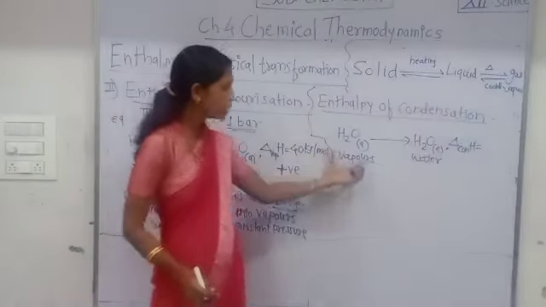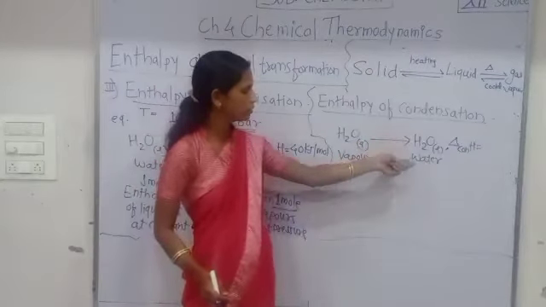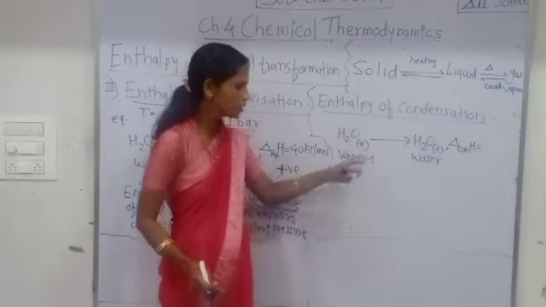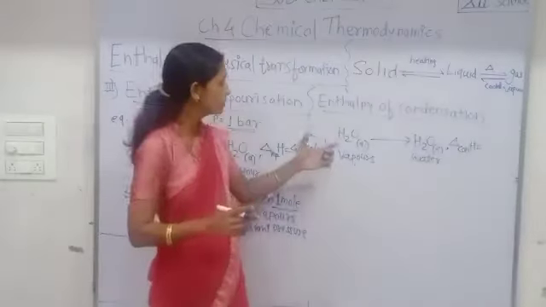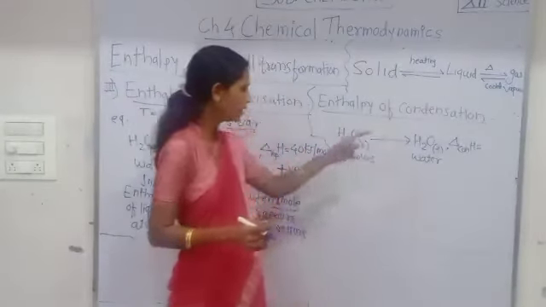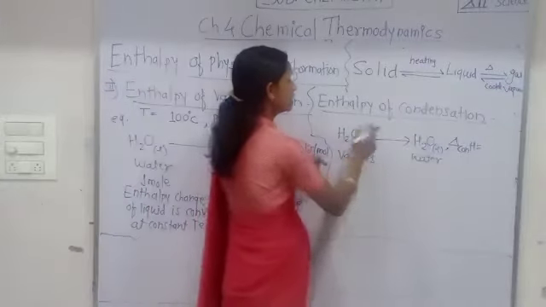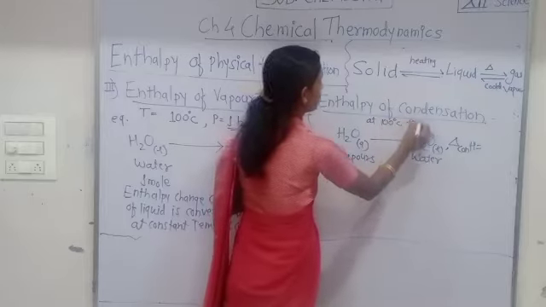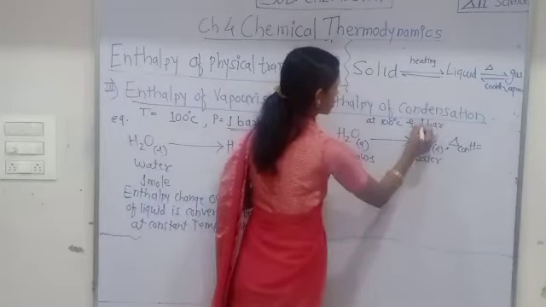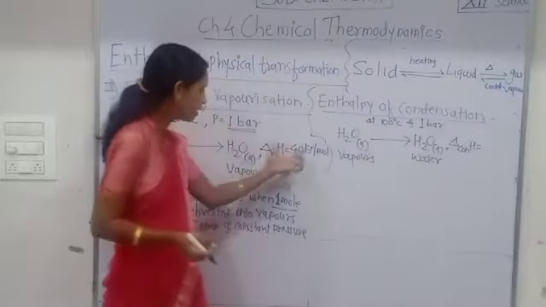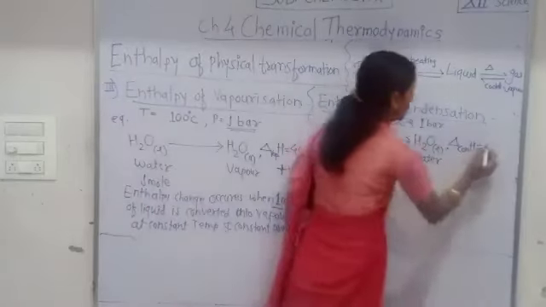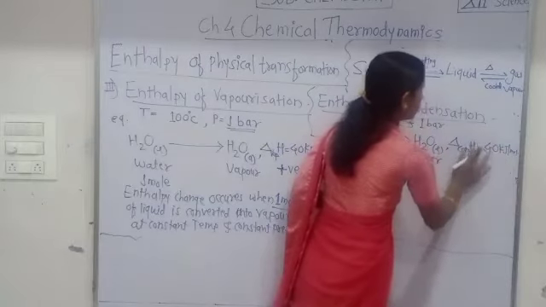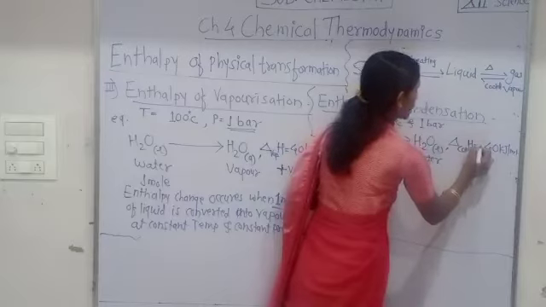As vapors are cooled to convert into liquid water, heat is evolved during this process. If this process is carried out at 100 degrees Celsius and 1 bar pressure, the same amount of heat energy, 40 kilojoule per mole, is released.